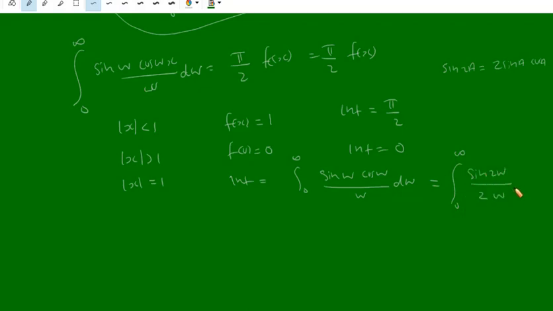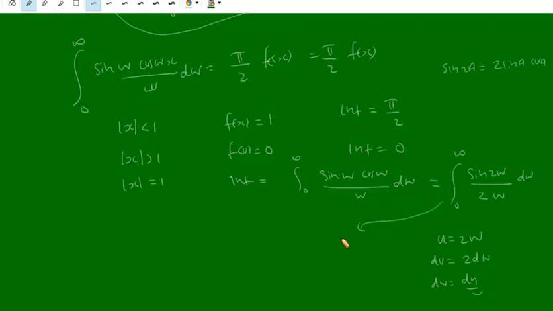Then here you have omega, then d omega, and now we have to integrate this function. Suppose I am giving u is equal to 2 omega, then du will be equal to 2 d omega. So d omega will be equal to du by 2.